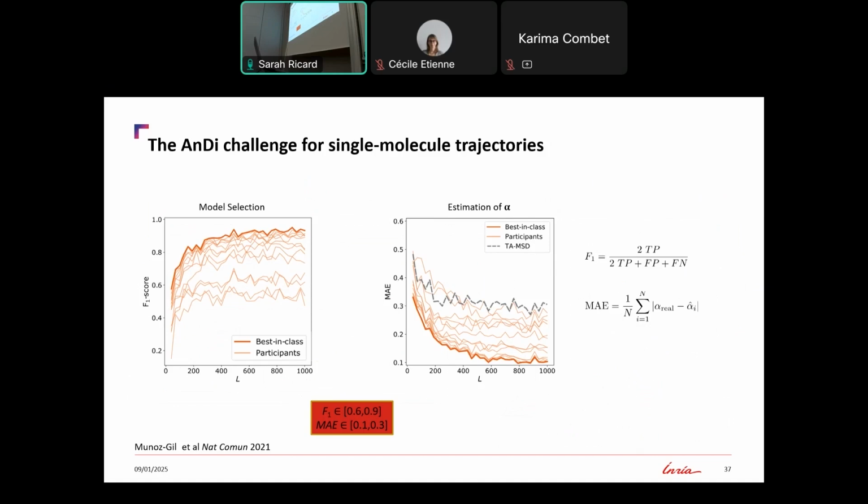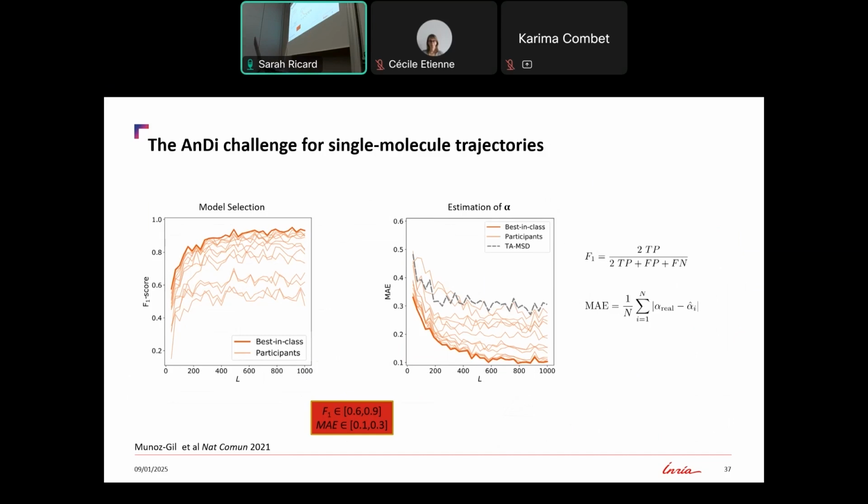You have the F1 score for the classification, which gives you the fraction of models that are correctly classified. And you have the MAE, the mean absolute error for the estimation of alpha, so the error you made in the experiment. Of course, when the F1 score goes to 1, it's the best, and when the error goes to 0, it's the best.